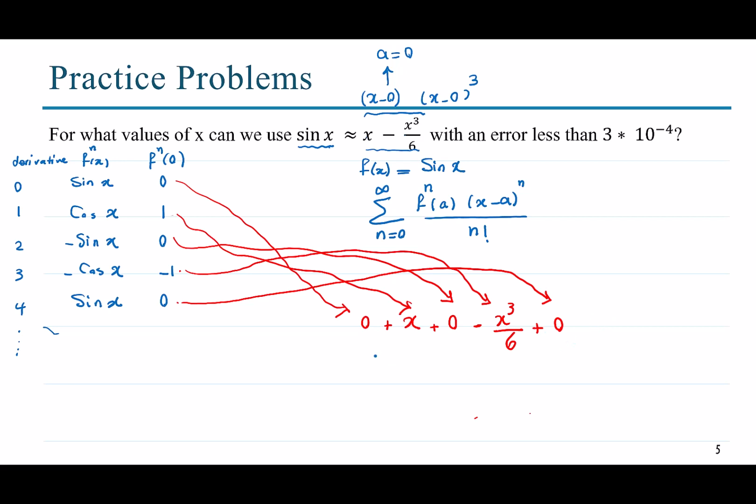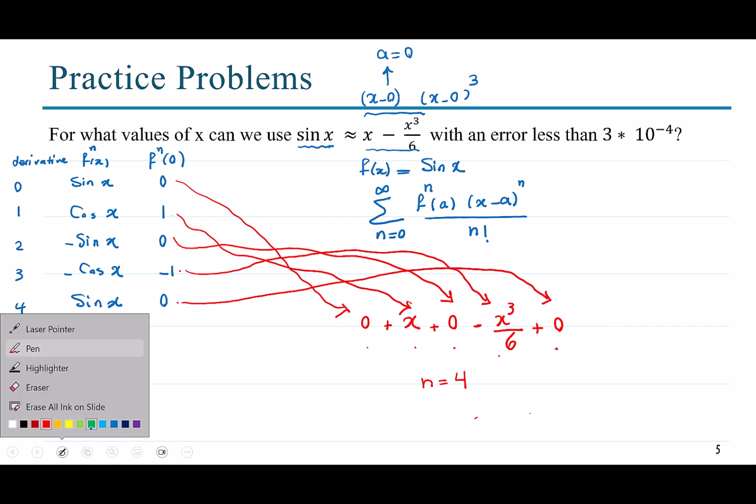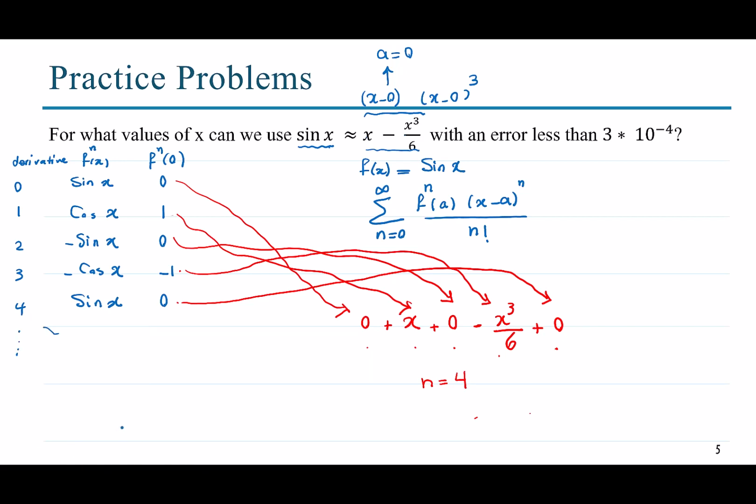That means if I use 1, 2, 3, 4, 5 terms, or n equals 4, for my Taylor series for sine of x, the polynomial is this. That's because I have some zeros in there. This doesn't mean that I used only 2 terms of this Taylor series.